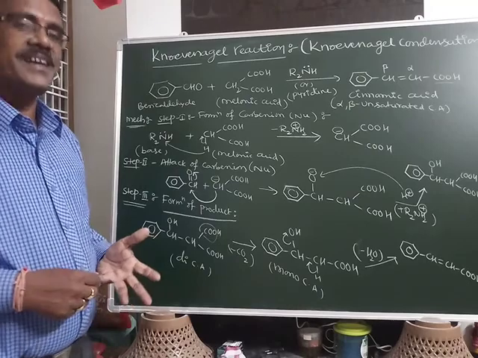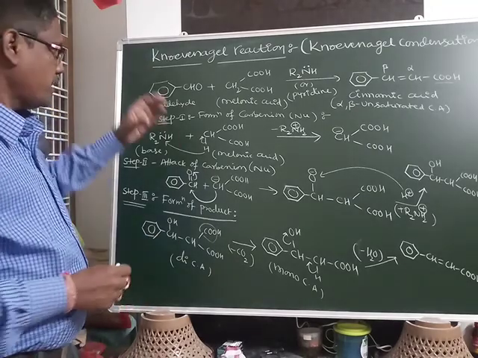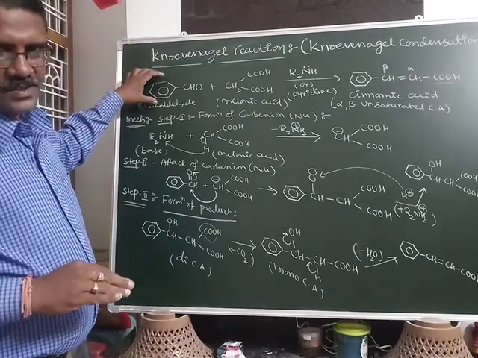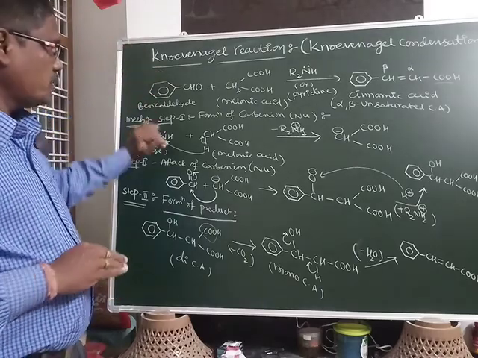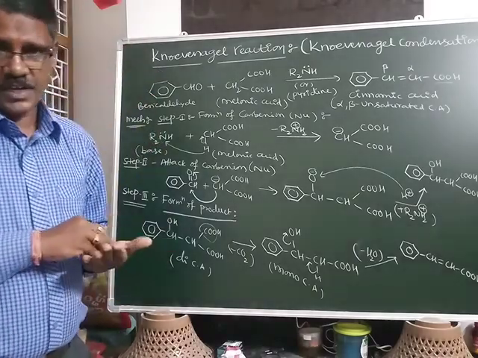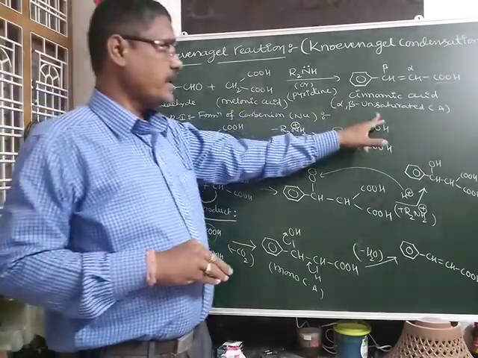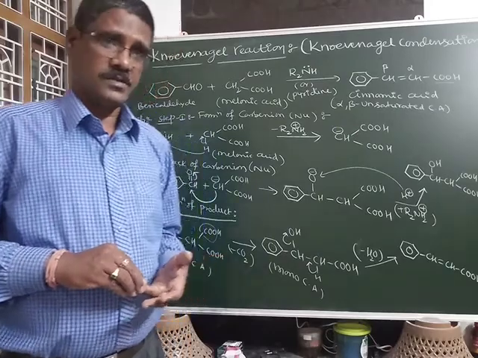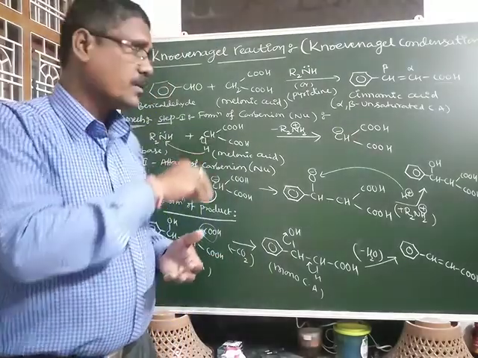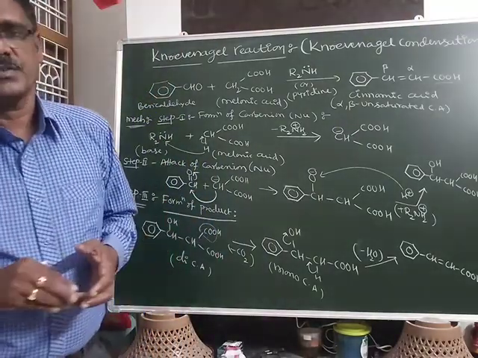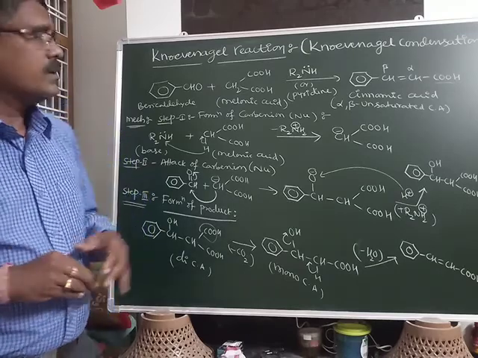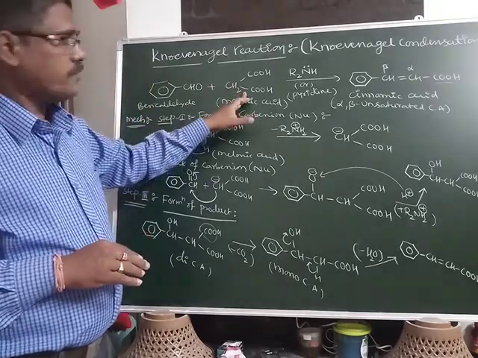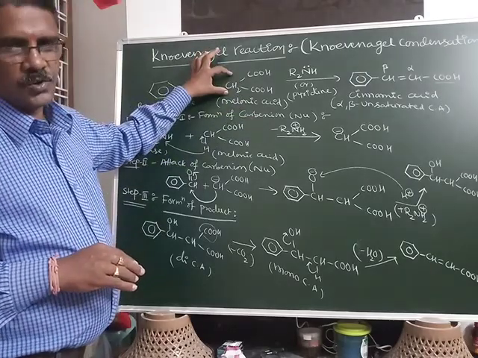Okay. Knoevenagel condensation is similar to the Perkin condensation. In the Perkin condensation, only aromatic aldehydes are involved. In this one, you can take aromatic or aliphatic. But the final product is an alpha beta unsaturated carboxylic acid. In Perkin also, alpha beta unsaturated carboxylic acids are obtained. That is similar. The only thing that changes is the interacting molecule.